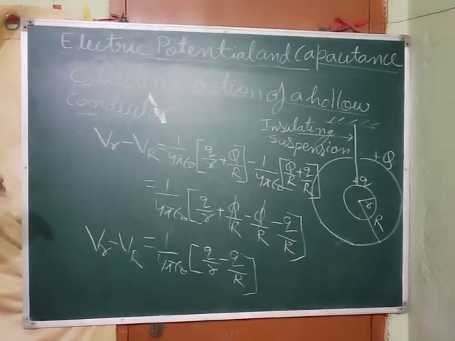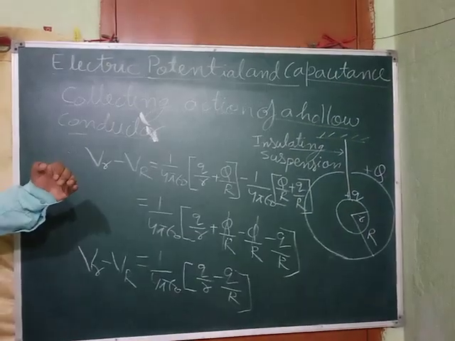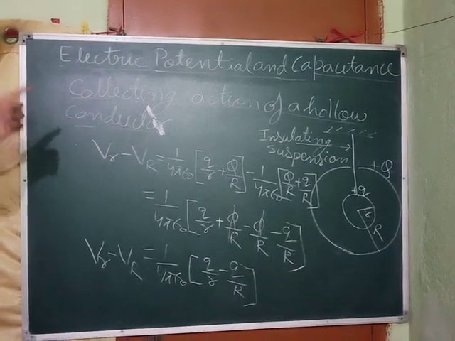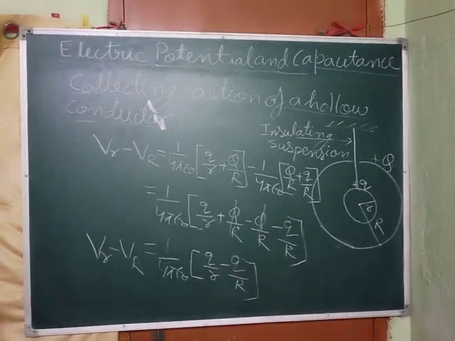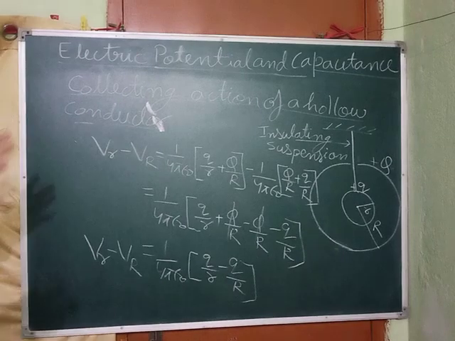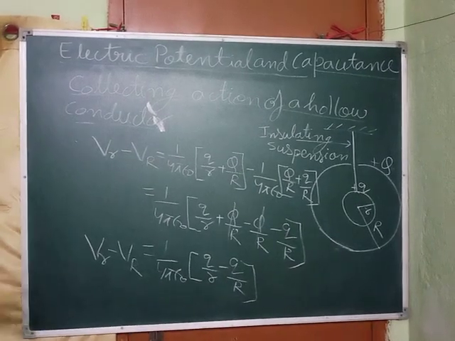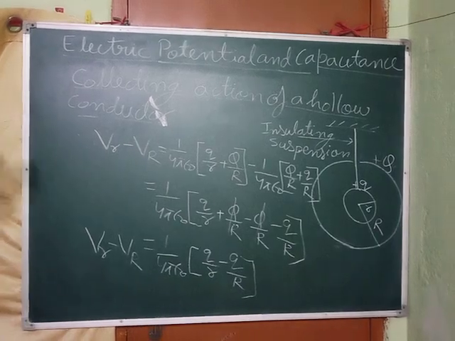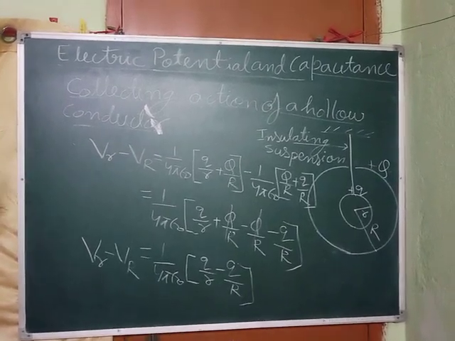Clear? So this flow of charge from the inner spherical cell to the outer spherical cell is called collecting action of a hollow conductor. The external spherical cell is collecting the charge. Clear? So note down this much. Now from here start writing.